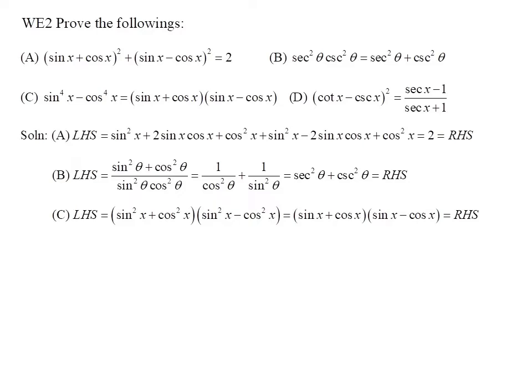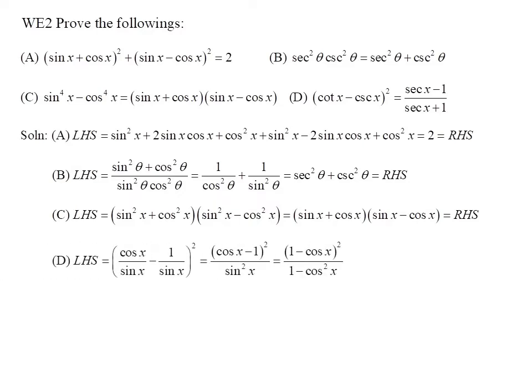After being further factorized, the result of (sine x plus cosine x) times (sine x minus cosine x) is obtained, which matches the expression on the right side.